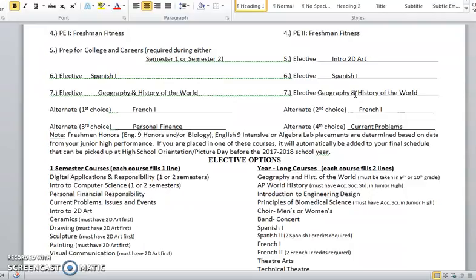For my alternates, I have put down a full year course alternate of French 1, and I've also put down a couple semester alternates such as Personal Finance and Current Problems.